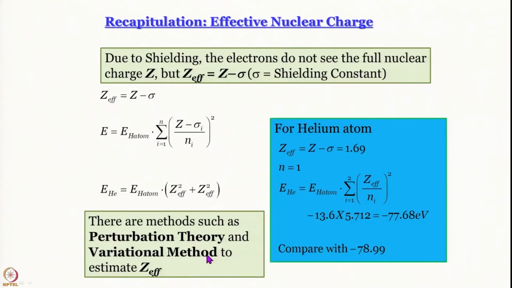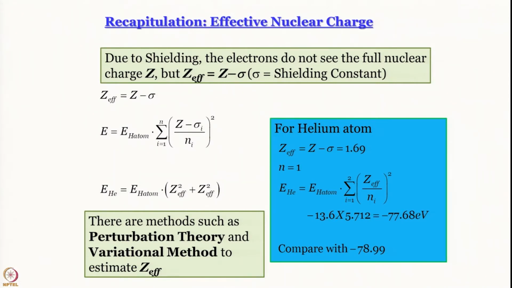With that, we had shown you a calculation in which, incorporating the shielding constant, we get the value of ionization potential or the energy of a helium atom, which is more or less close to the actual experimental value. So, that is what we had got.